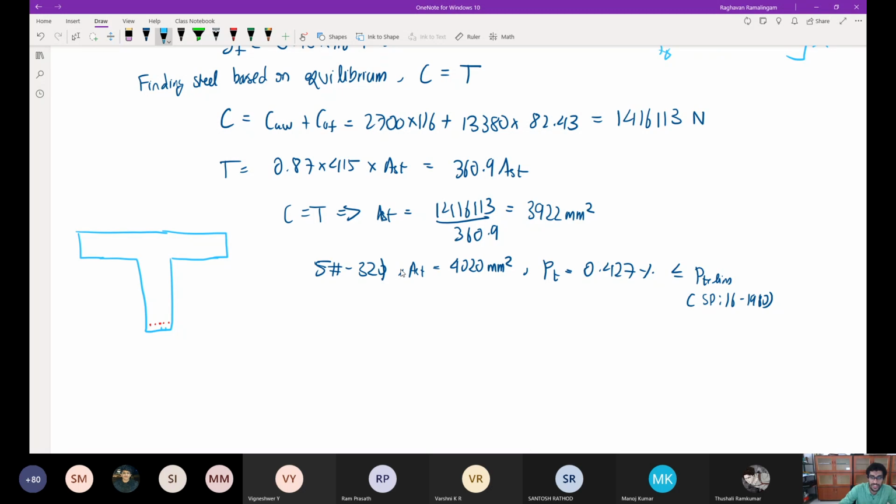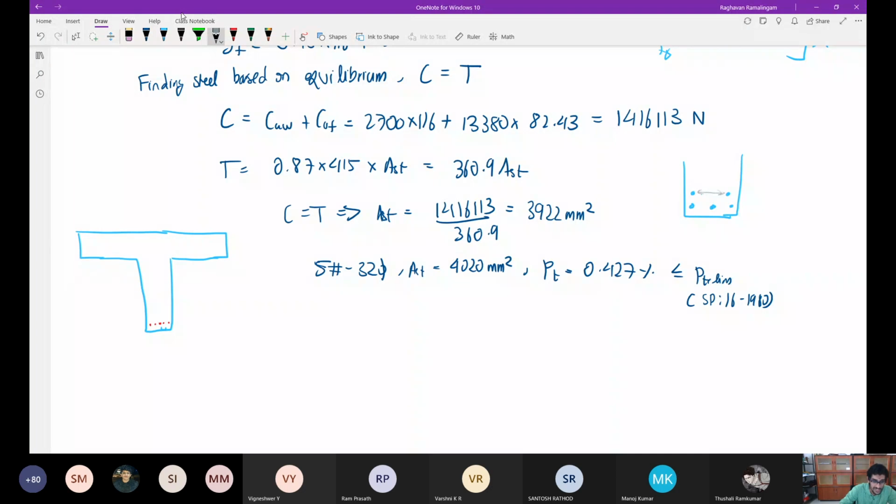Sometimes if the width is not sufficient, what people do is they will keep it in 2 rows, of course making sure that the spacing is not too much. But in this case we can just leave it like this.